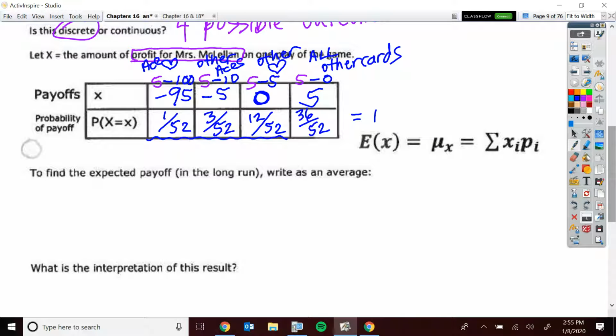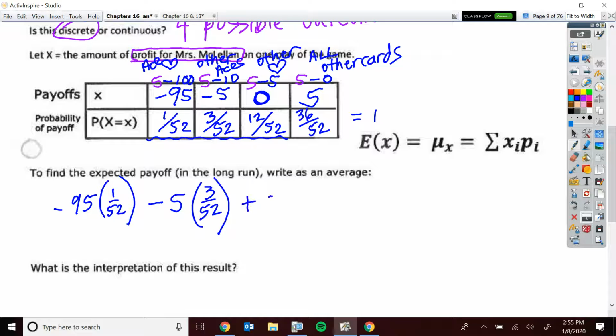Well, I know I'm going to lose $95 1/52 of the time, right? But then I'm also going to what? Lose $5 3/52 of the time.